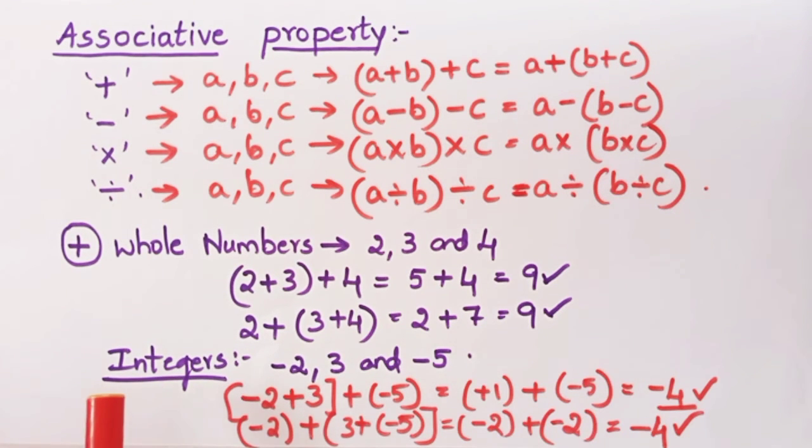Now the last thing I need to do here is to check whether addition is associative for rational numbers or not. Let me check it out. Now I want to check the same property for rational numbers.